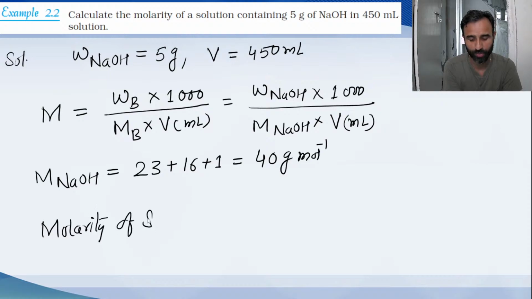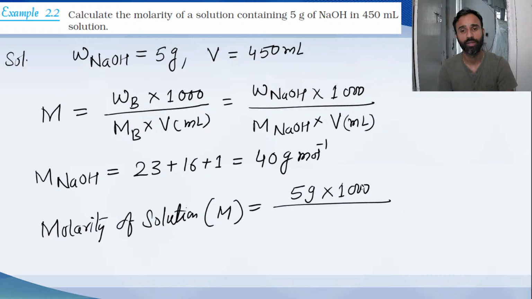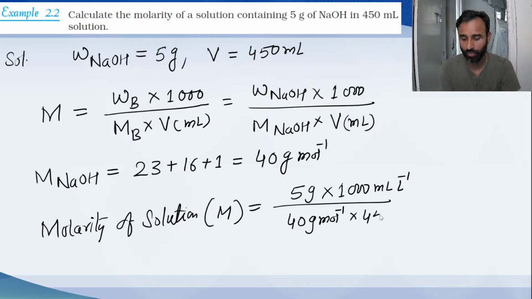So molarity of solution, that is capital M, is equal to 5 gram into 1000 ml per liter, divided by 40 gram per mole into 450 ml.